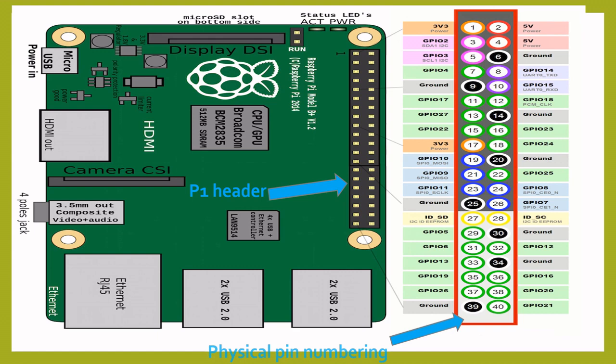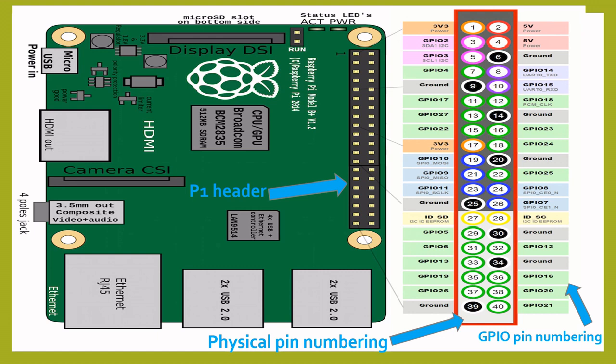These are the physical pins of Raspberry Pi. The pin numbers inside that red box are the physical pin numbering scheme, and the GPIO pin numbering outside of that red box is called GPIO pin numbering.